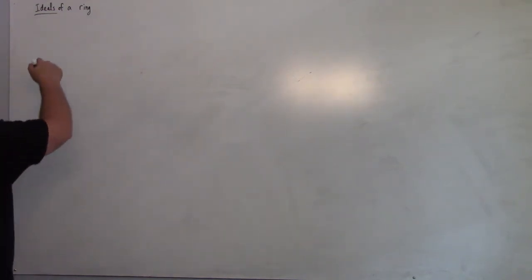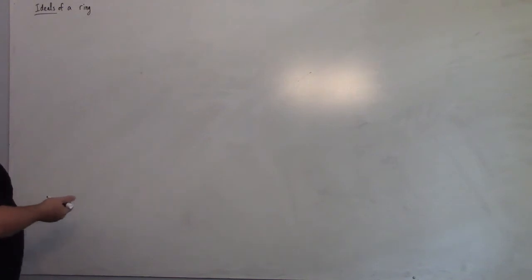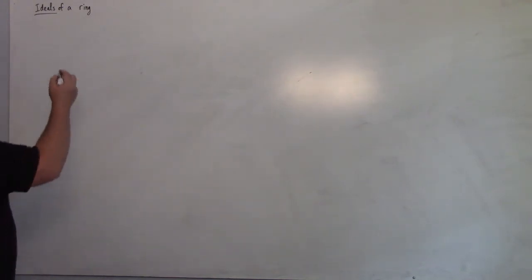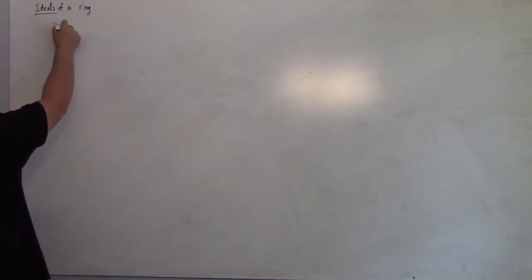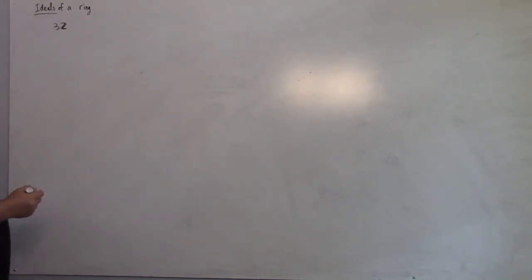But an ideal, let's see here, maybe best to illustrate by example. 3Z is an ideal of the integers.